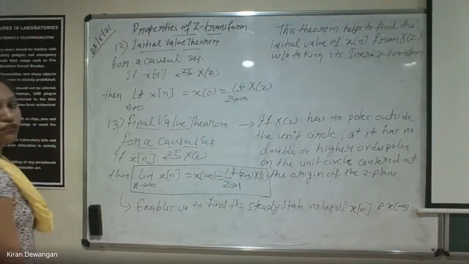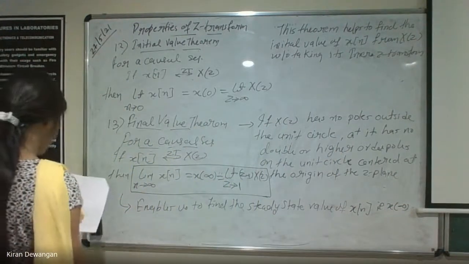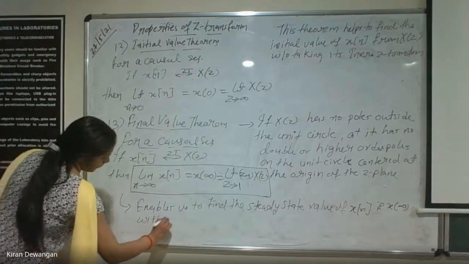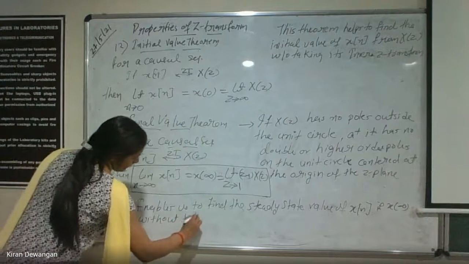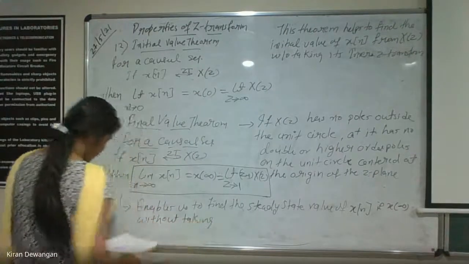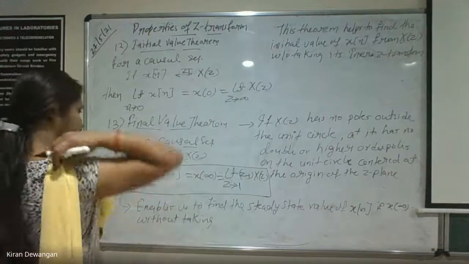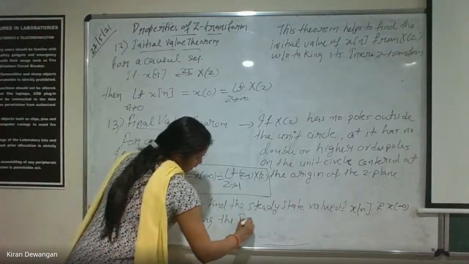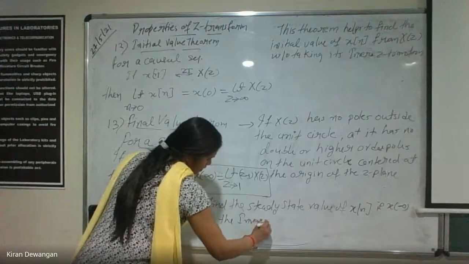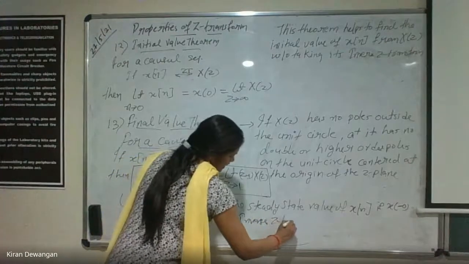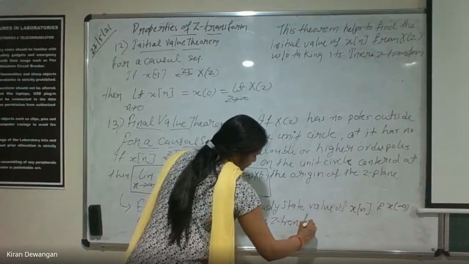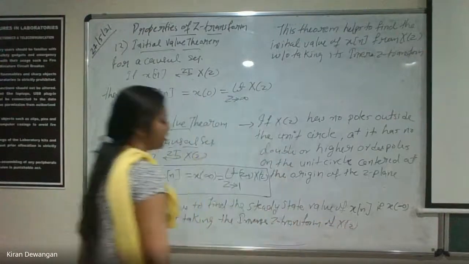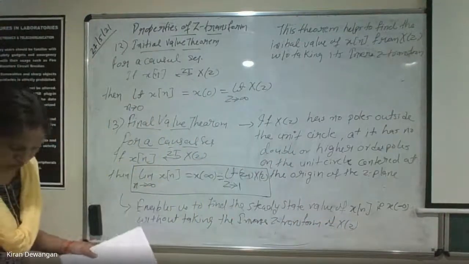Steady state value of x of n is x of infinity without taking the inverse z transform of x of z. Okay? Without taking the inverse z transform of x of z.